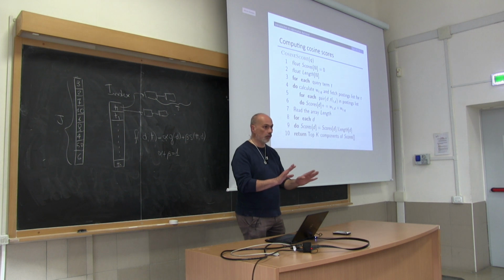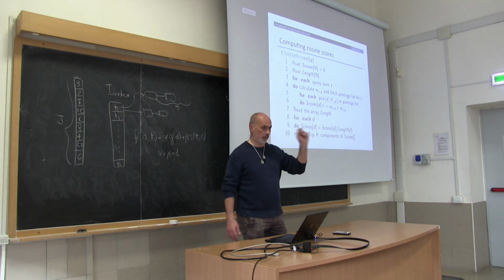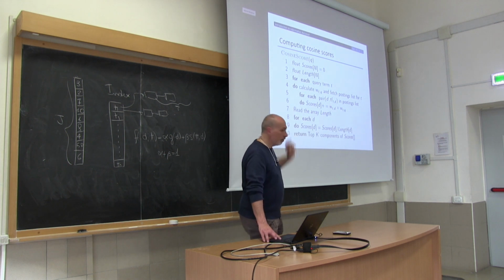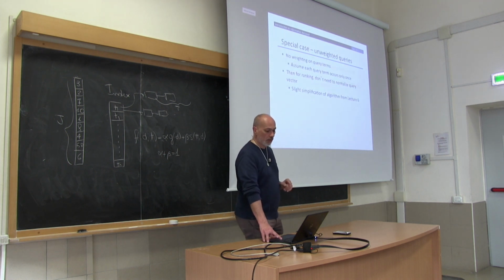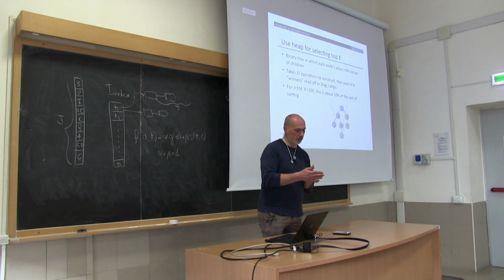Actually, it defines one of the two possible ways in which the scores of documents can be computed or accumulated, as people say. One way is one query term at a time, which means one posting list at a time. If we are going this way, then the ordering of the posting list is no longer important.